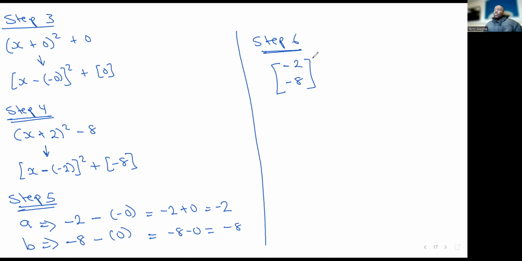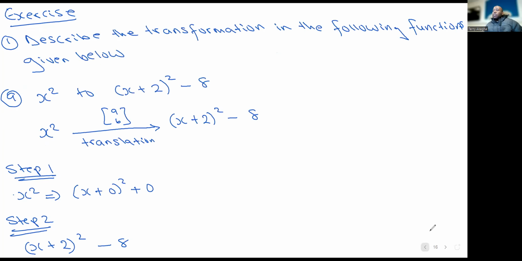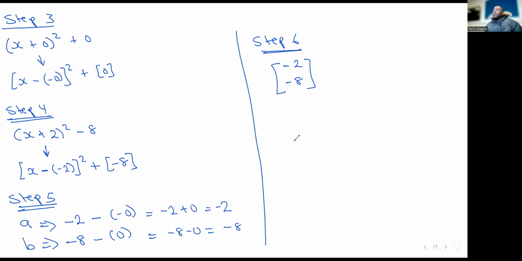So now we can now describe. So that means for us to move from this point to this point, what really happened is that the translation was minus 2 minus 8. Are you seeing it? Then with this now, we can now describe the translation.